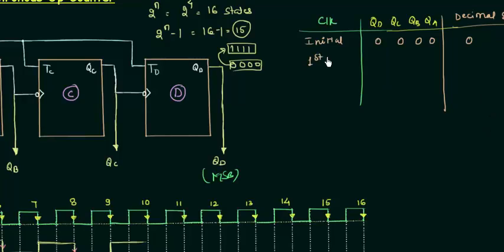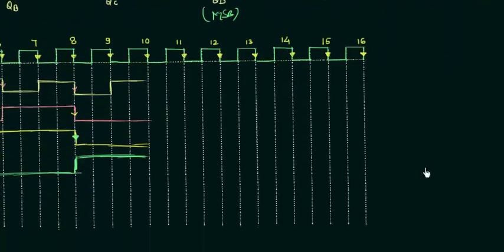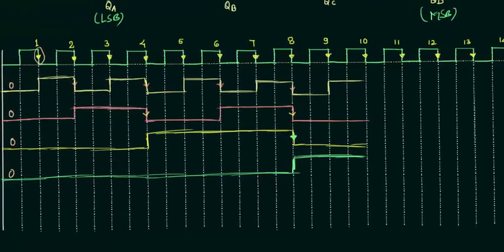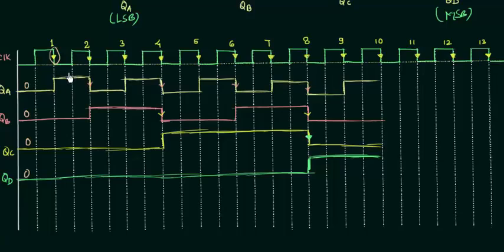The first falling edge, and then the second falling edge, then we will directly see the 9th falling edge, and the falling edges between 2 and 9 you can definitely find by yourself. So we will check for first, second, and 9th. Let's see for the first what we got. QA is 1, QB is 0, QC is 0, and QD is 0.